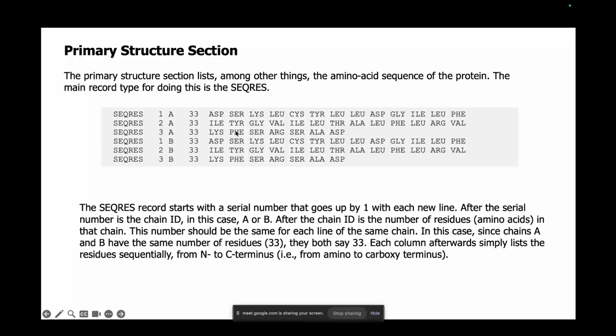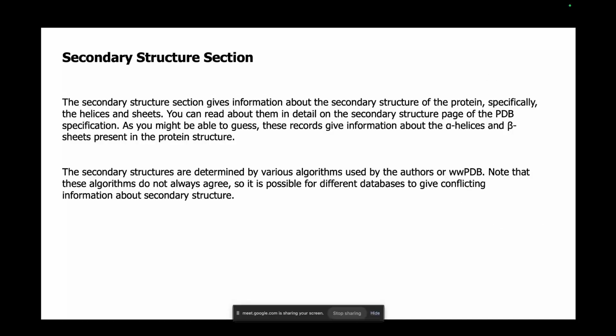After valine, there's leucine. After aspartic acid, there's another aspartate. So A and B are the two domains of the protein, and this is the total sequence of A, and this is the total sequence of B. This describes the primary sequence of the protein itself.